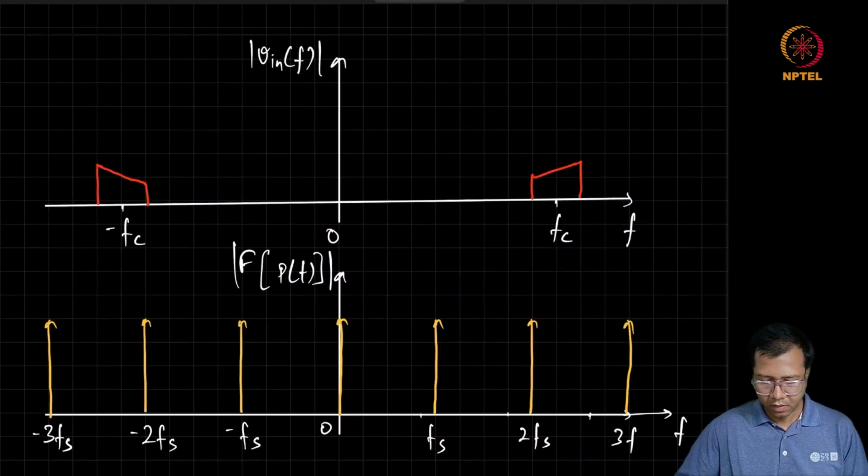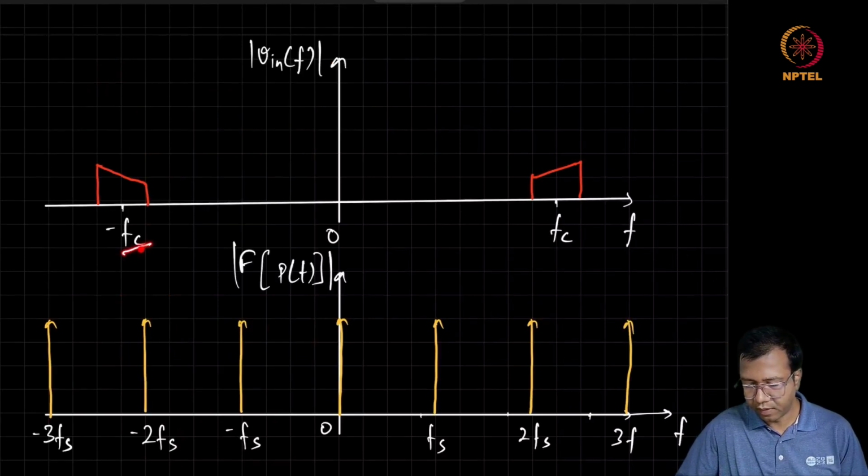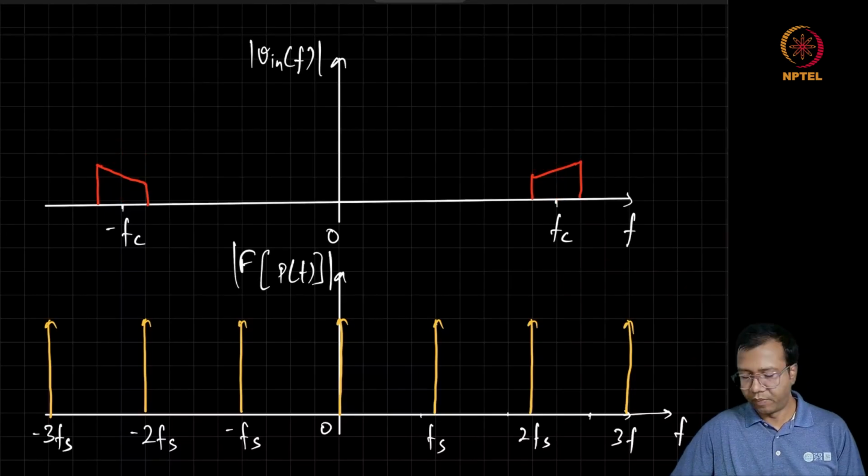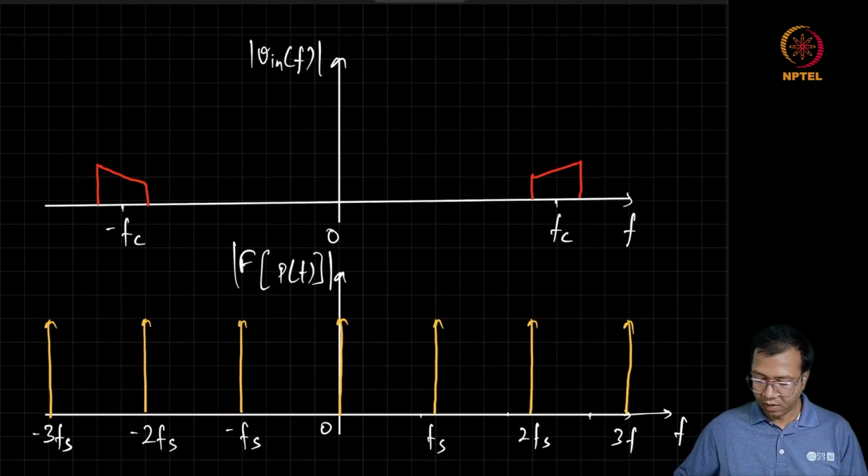So here we are showing the frequency spectrum of the input signal first, on the top side. Here we are assuming that the signal which we are going to sample has this kind of double-sided frequency spectrum around Fc. It has this asymmetry, which is in general possible for complex modulated signals. And on the lower side, we are showing the frequency spectrum of P of t. As we know, P of t is an impulse train in the time domain.